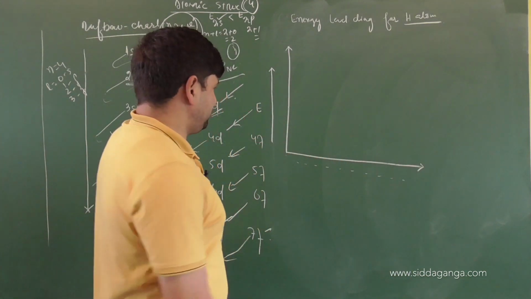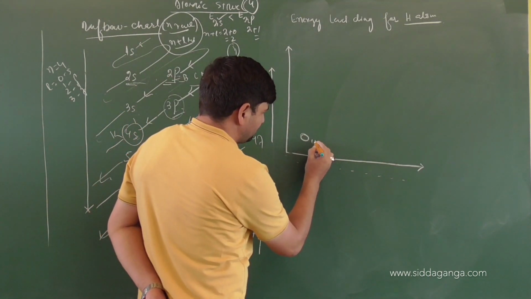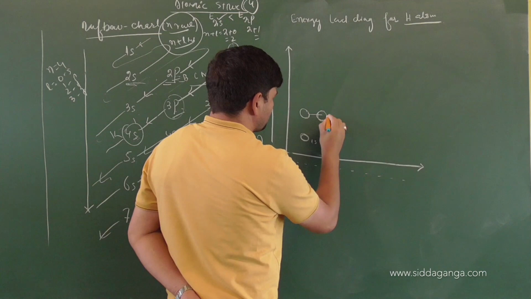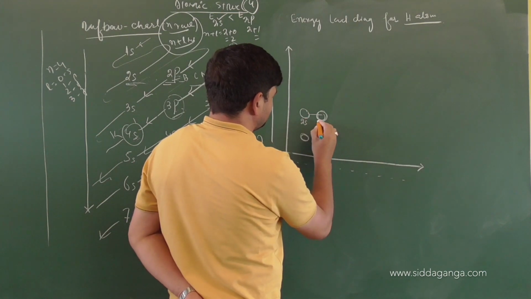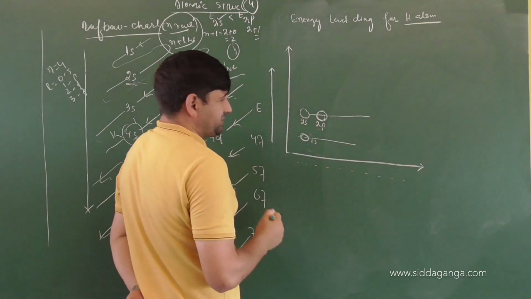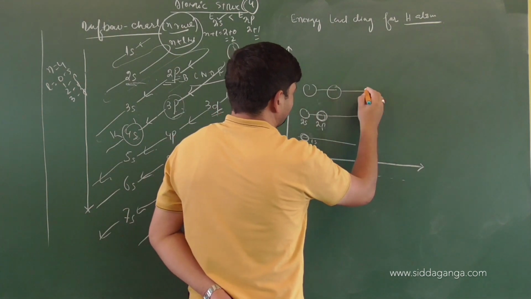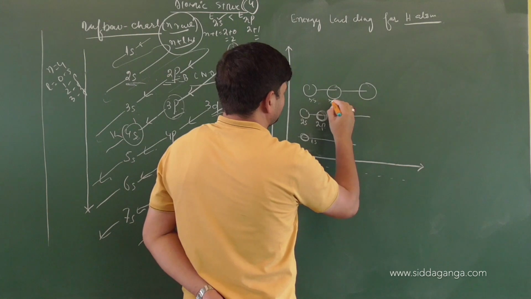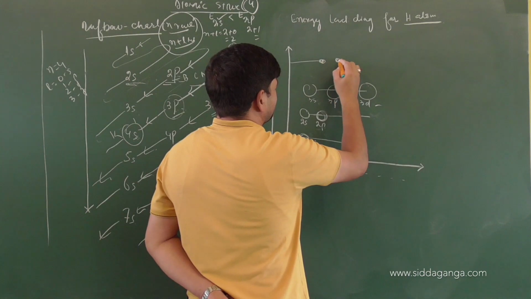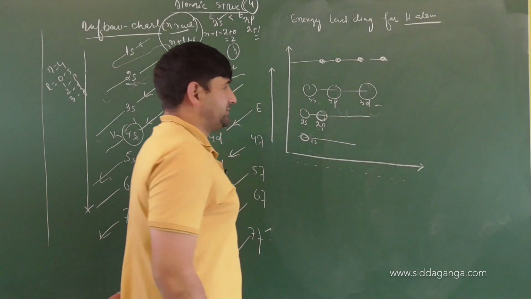Right. So this energy level will contain 1s. Then here 2s and 2p of the same energy. Then 3s, 3p and 3d of the same energy. Then you have 4s, 4p, 4d and 4f of the same energy in atoms like hydrogen.